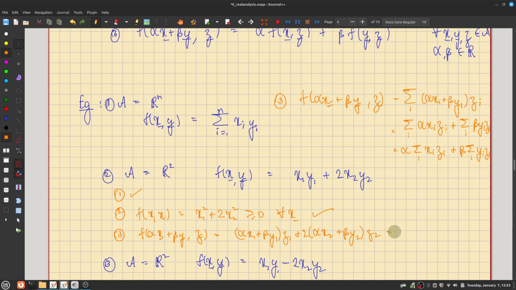Is this equal to alpha times f of x comma z plus beta times f of y comma z? It is, right? So it also satisfies the third property. So this weird thing that I have defined over here is also a valid inner product. It also corresponds to a dot product.